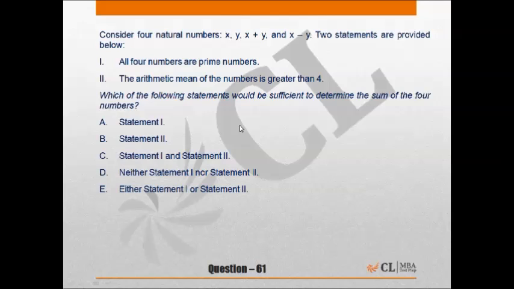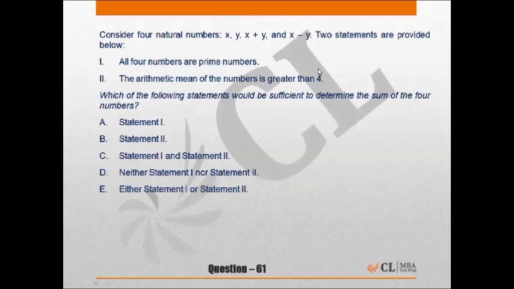For determining this sum, we have got two statements. The first statement states all four numbers are prime numbers. We know that all the prime numbers except 2, which is the least prime number, are odd.